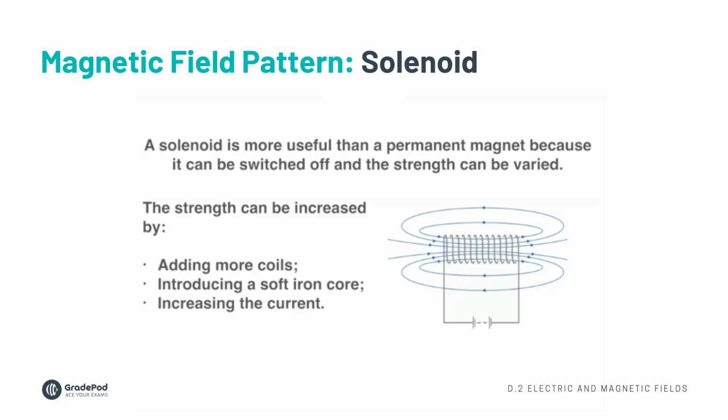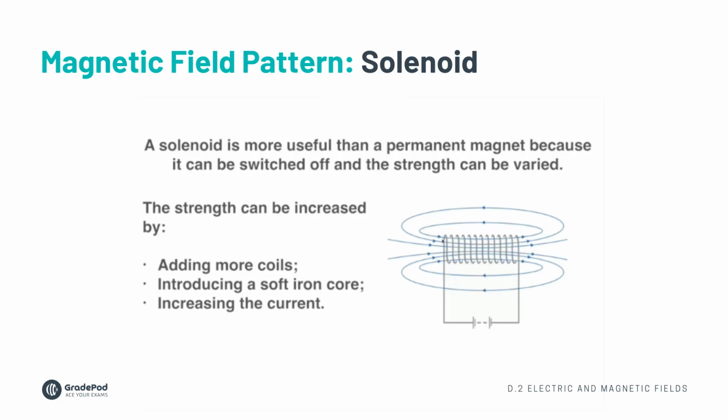There are a couple of other things that are important about a solenoid, and namely how we can increase the strength of the magnetic field. How can we make these magnetic field lines, more of them and closer together? Well, we can do so by increasing the number of coils in the solenoid.